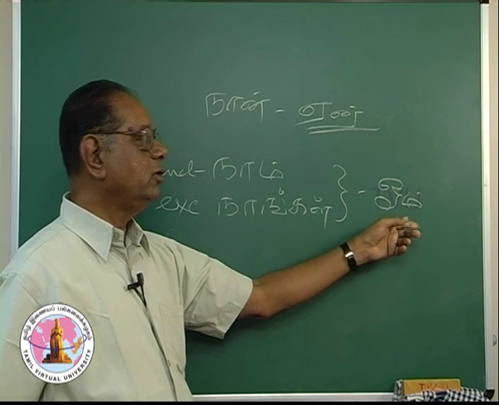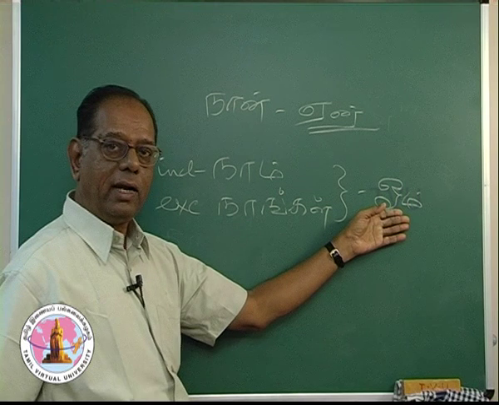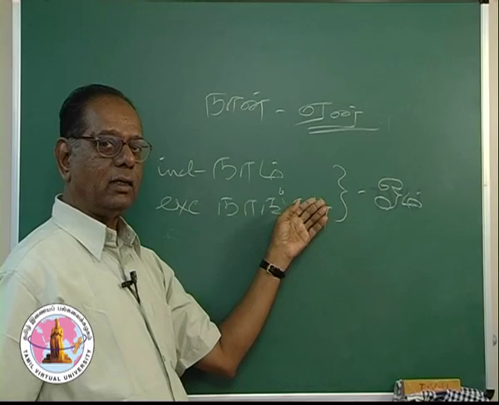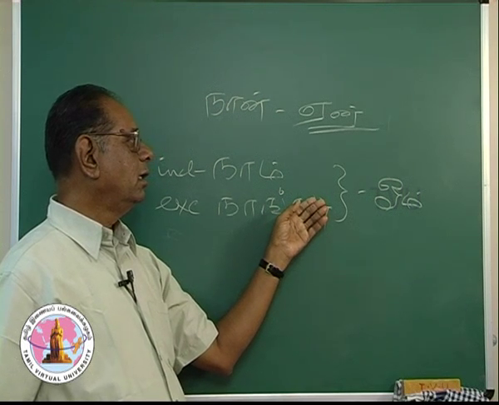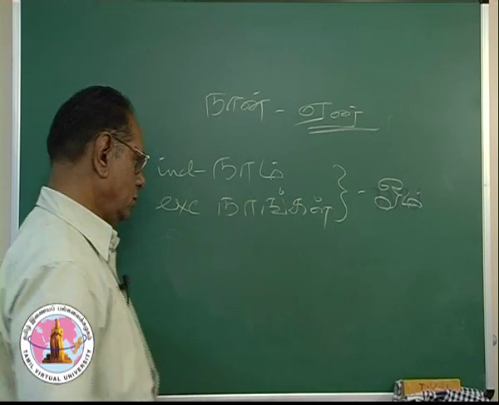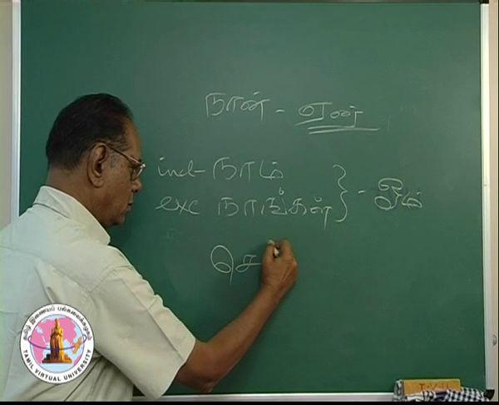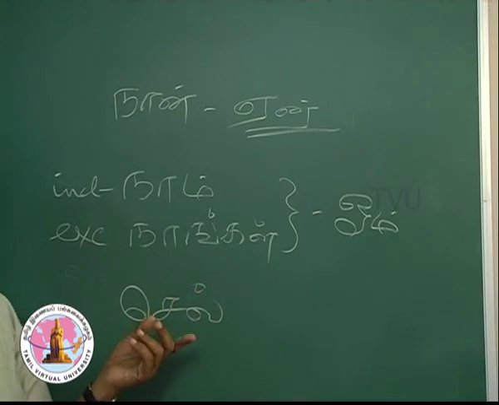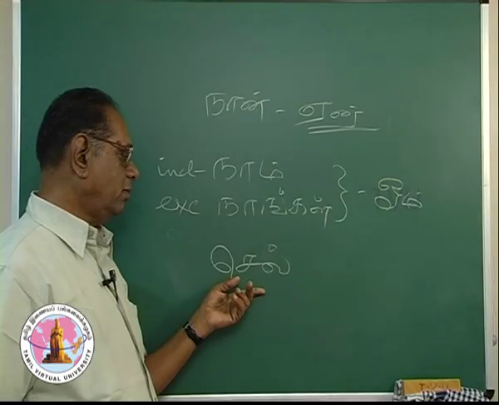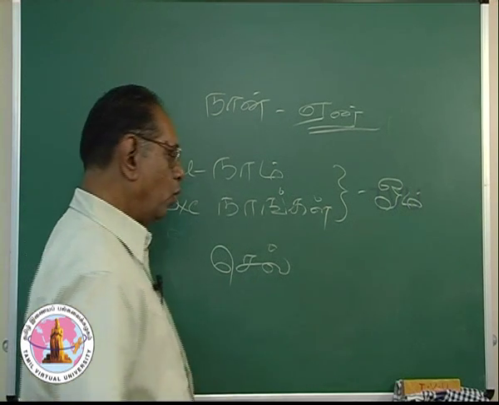Now, what are we to do with this om? This is to be added to the tense marker with a verb. What is the meaning of this verb? Shall, to go.